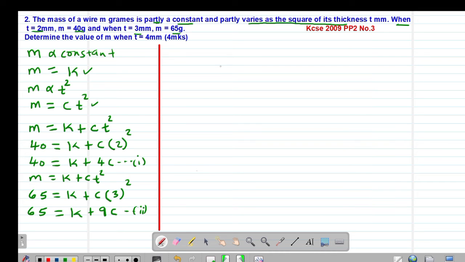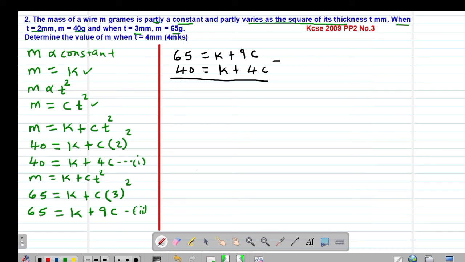I'll write my second equation, which is 65 being equal to K plus 9C. Then I'll write my first equation, which was 40 is equal to K plus 4C. So I'm going to subtract the two equations, because K will simply get eliminated.